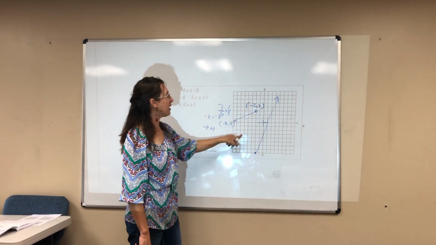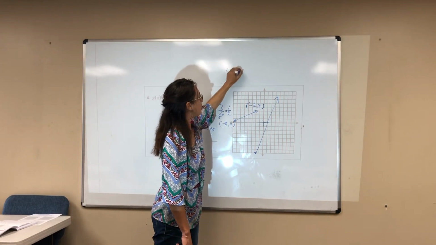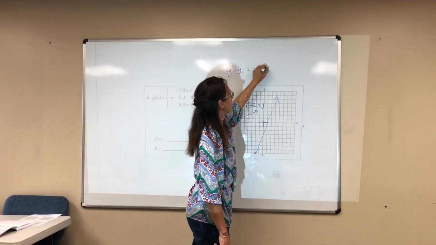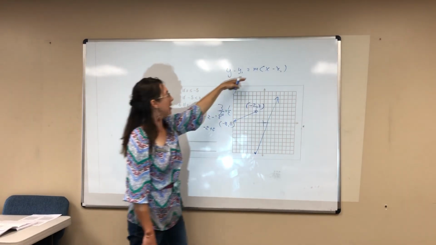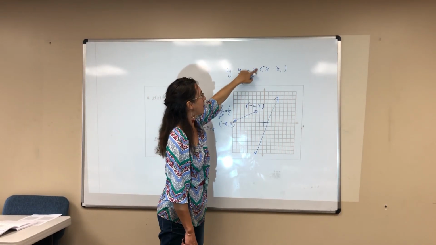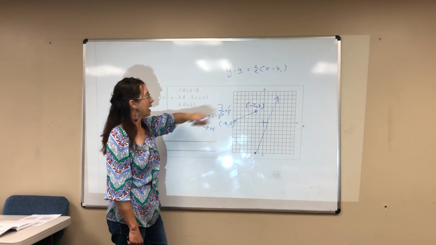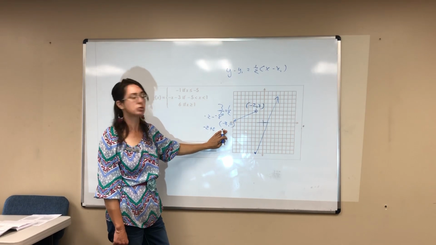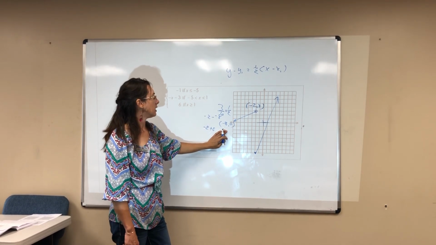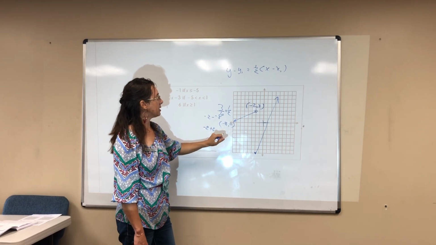Now we can find the equation of our line because we can say y minus y1 equals m times x minus x1, correct? Now I know what my slope is, so I'm going to replace m with 1/2. Now I'm going to pick a point to plug in. I like picking the ones that have the zeros, especially when y is 0.